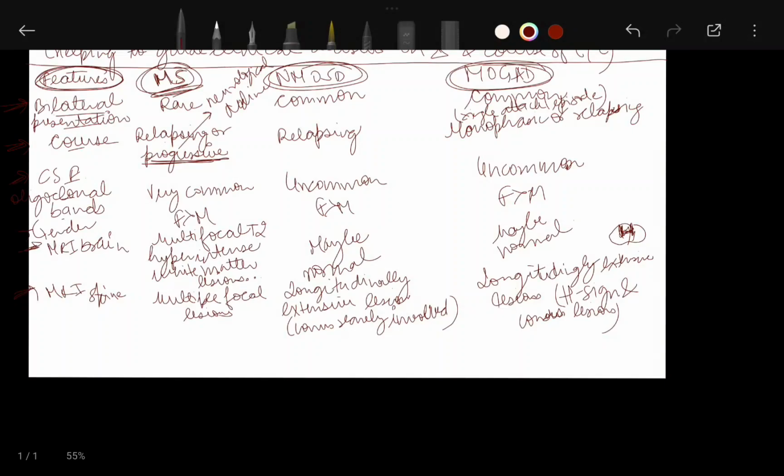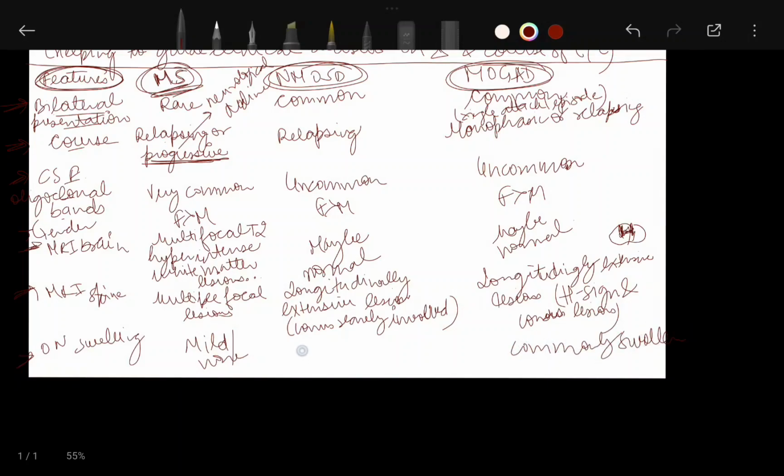So first of all, bilateral presentation, course, CSF oligoclonal bands, gender, MRI of brain, MRI of spine. And after that, optic nerve swelling. In MS it is mild or none. In MOGD, it is commonly swollen.